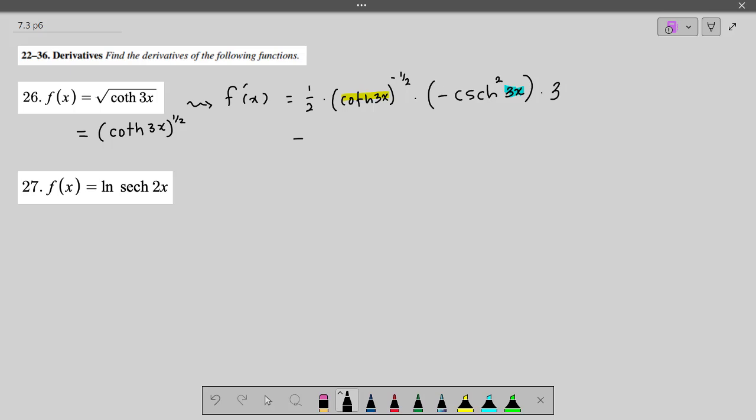If we simplify this, we would have negative 3 cosec squared of 3x divided by 2 times the square root of cotang 3x.